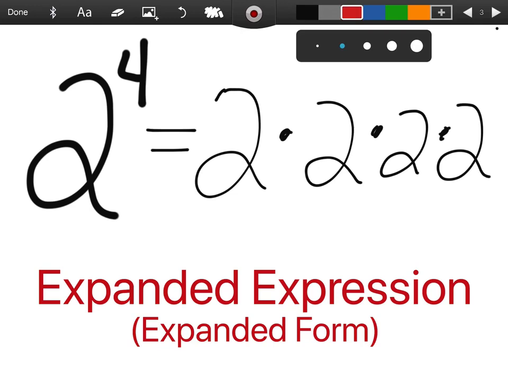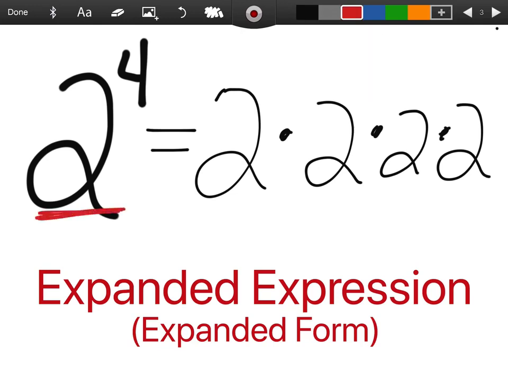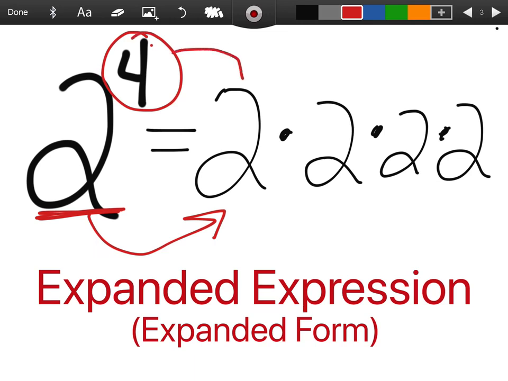Okay, so the 2 here, my base, tells me that I'm going to be multiplying 2's. This 4 up here at the top, my exponent, tells me I'm going to do this operation 4 times. If it was 6, it would have been done 6 times. If it was 7, it would have been done 7 times, etc. So the exponent tells me how many times I'm multiplying the number by itself.